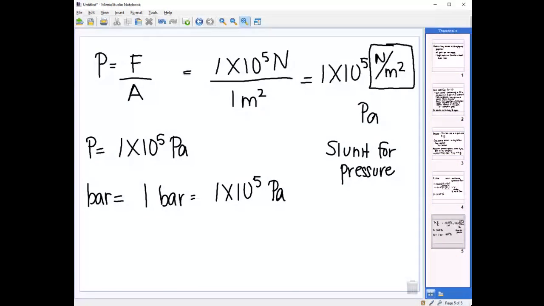So essentially, 1 bar is equal to 10 to the fifth Pascals, or 100 kilopascals, because we can divide this by 1,000 to get kilos, and so 1 bar is equal to 100 kilopascals.